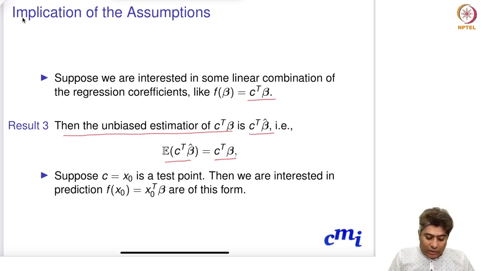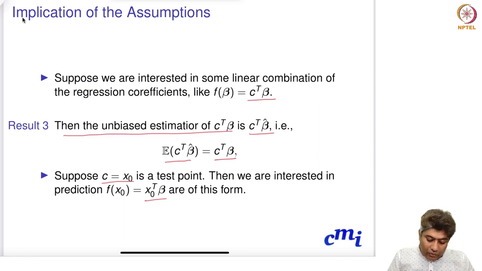Now suppose C is equal to x naught, a test point. Then we are interested in finding f of x naught, x naught transpose beta, that is my target.